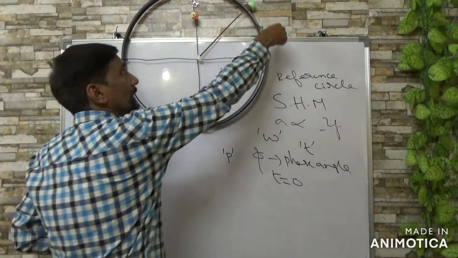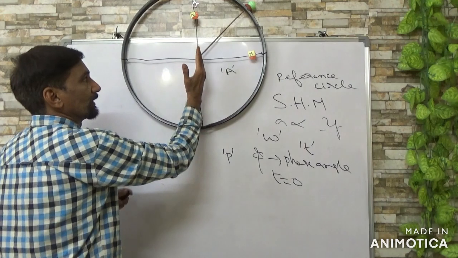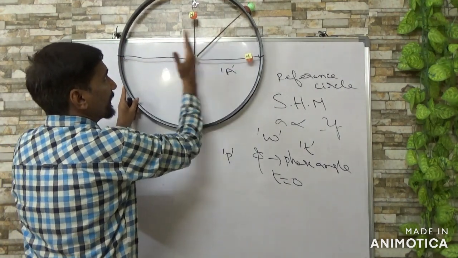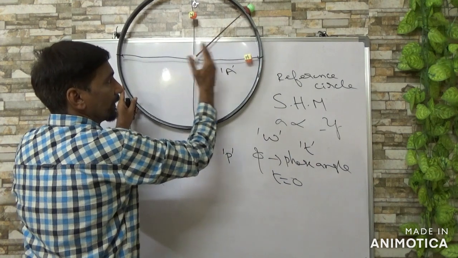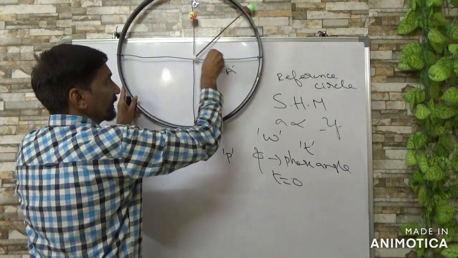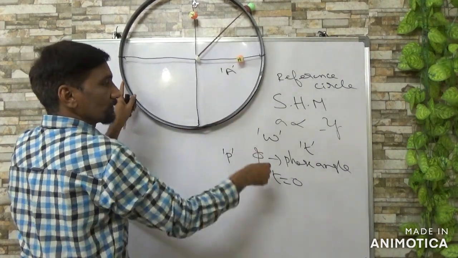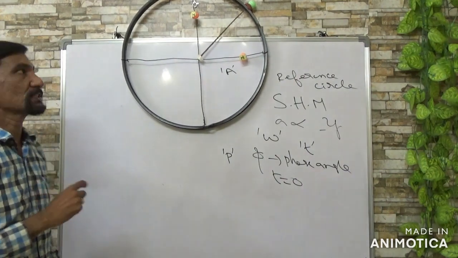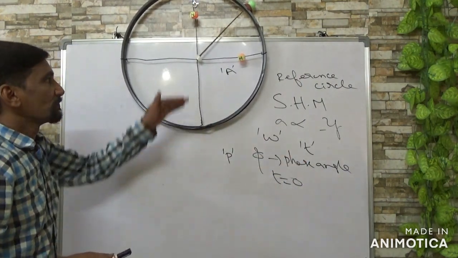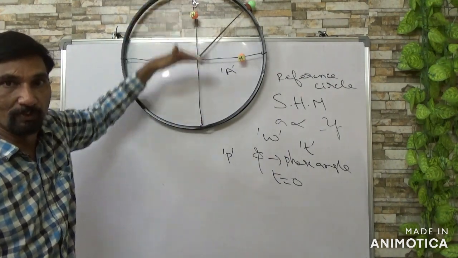When the particle reaches this point in t seconds, within the same time the particle moving on the diameter of the circle reaches M. So this particle M is moving on the diameter, and this one reaches N in t seconds.